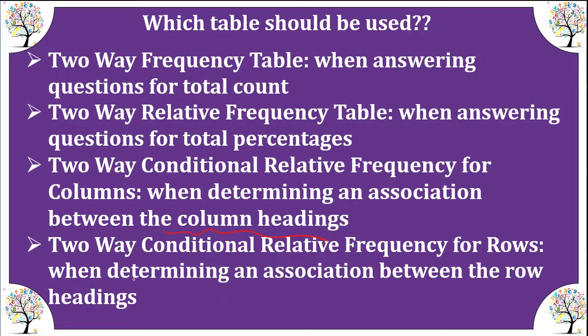Or it could be a two-way conditional relative frequency for rows when you're determining association between the row headings. So again, this is a good summary table to jot down because with statistics and answering the questions, it's all in how you interpret and process the wording of the question.